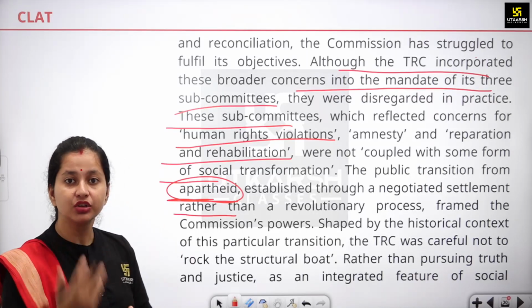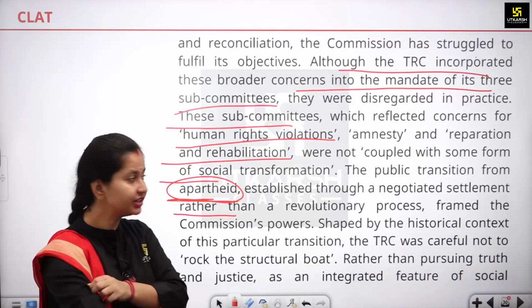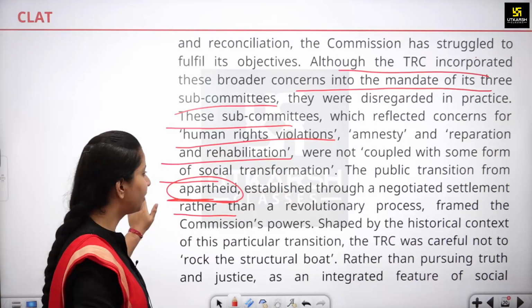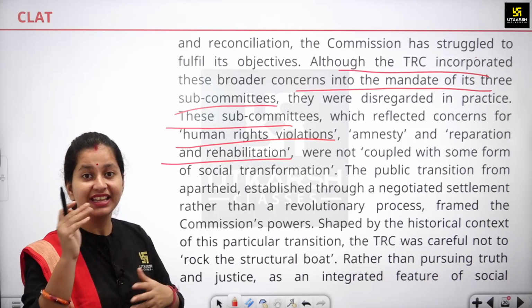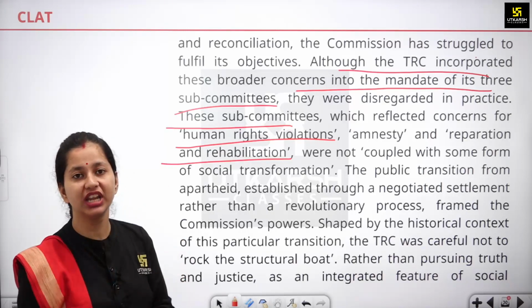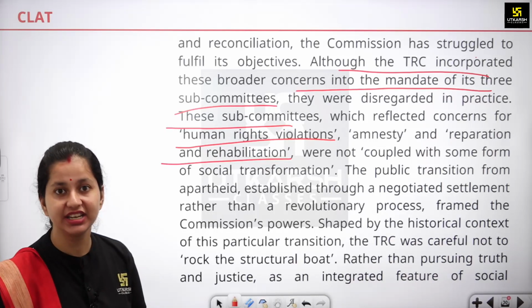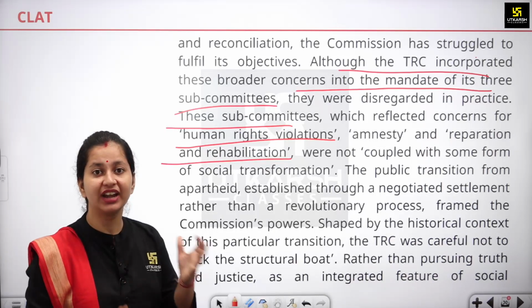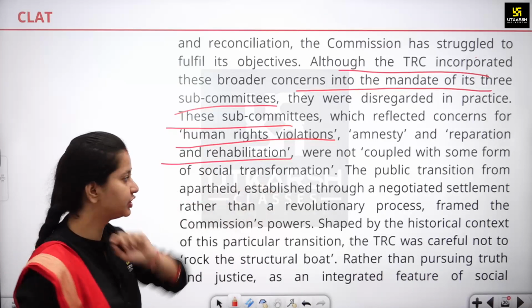There would be a social transformation that wasn't there, but the transition from apartheid, where we want to rise above apartheid, instead of being a revolutionary process had become a negotiated process. Negotiated process means that there were negotiations between the people and the government basically.